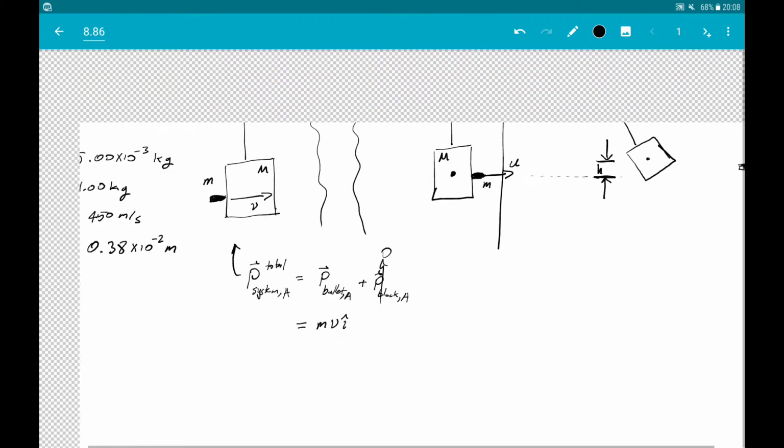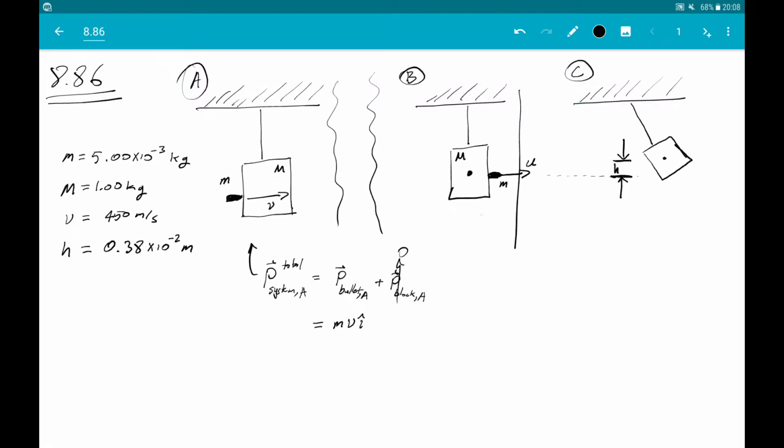Right after the collision, in state B, P total, the system, state B, we're going to have little m, u, i hat, but now the block is moving.